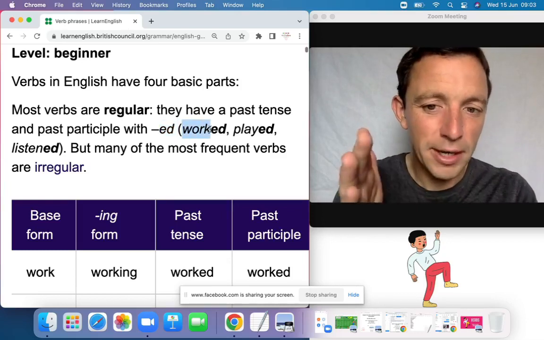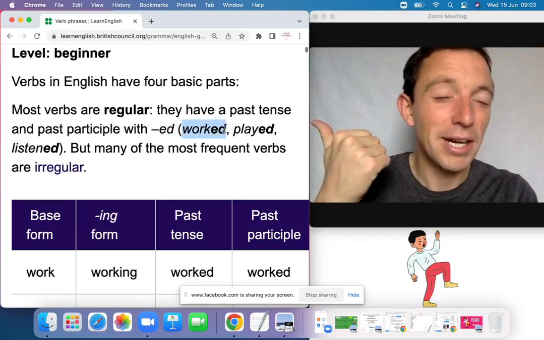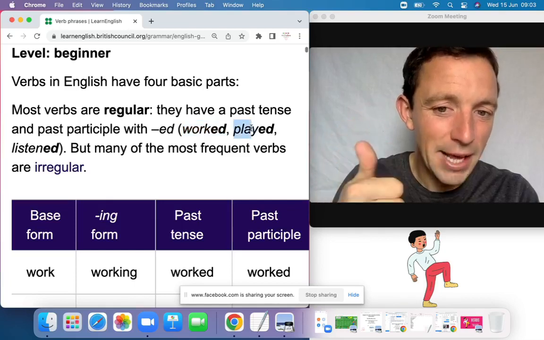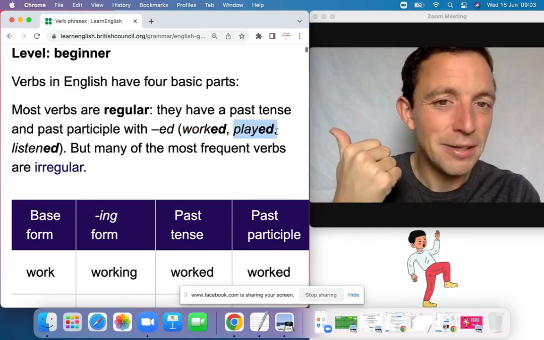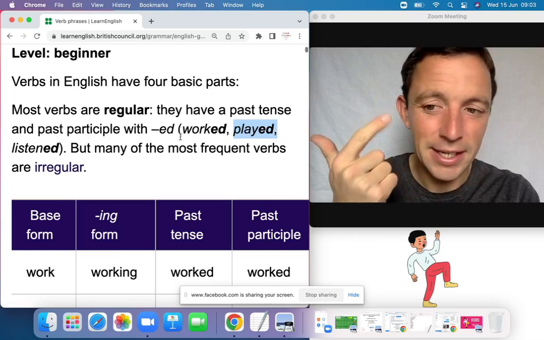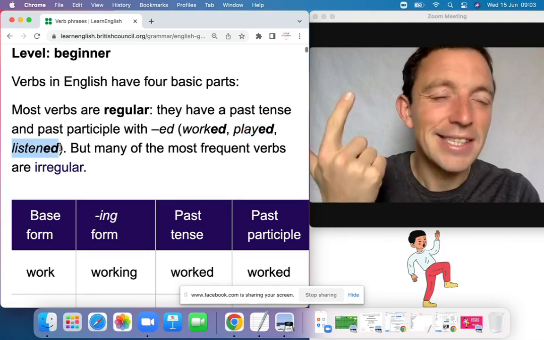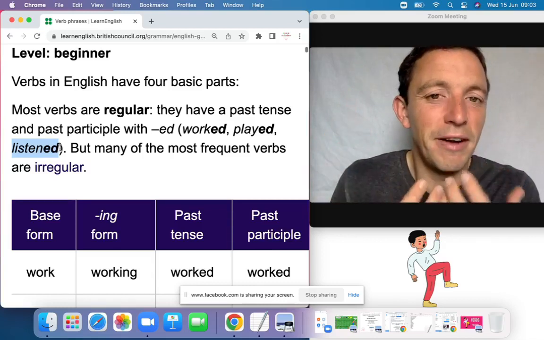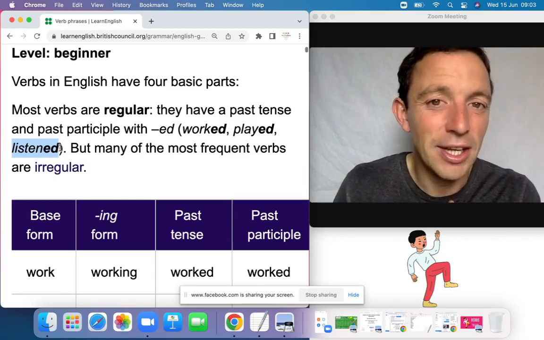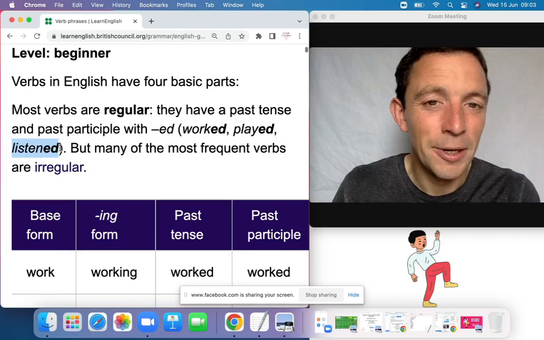For example, work, past worked, and participle worked. Play, the base, past played, participle played. Listen, the verb, listened, the past, listened, the participle. This is very foundational, and it's essential that you understand this.